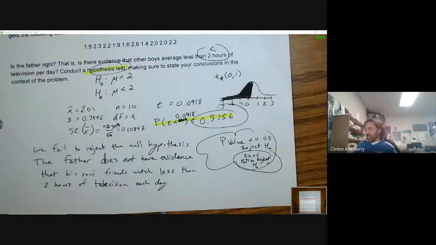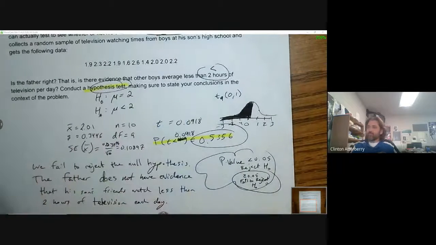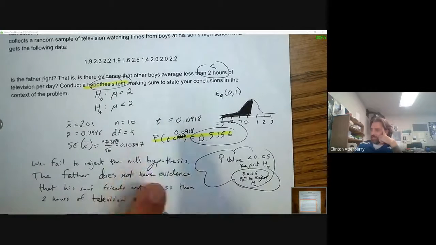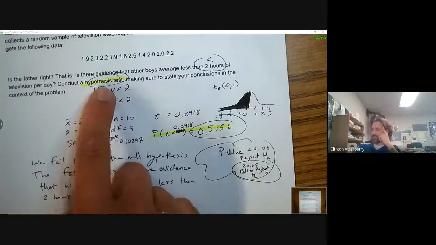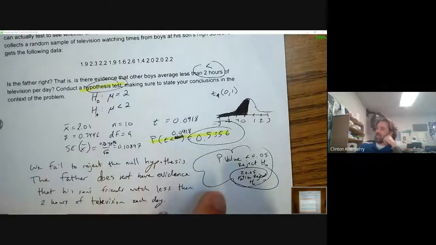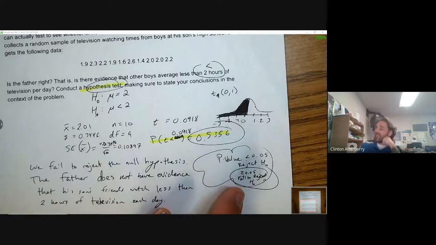Once again, we calculated these numbers by plugging that into the calculator. We observed the p-value for when we're comparing this average against an average of 2. What we got for a p-value was 0.5356, way above the value of 0.05.